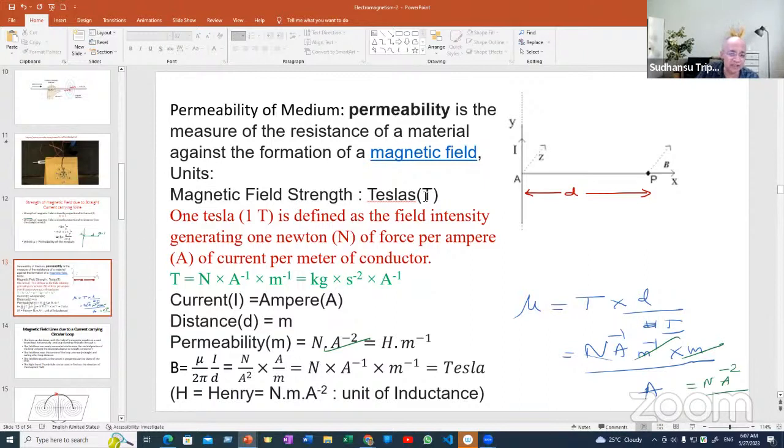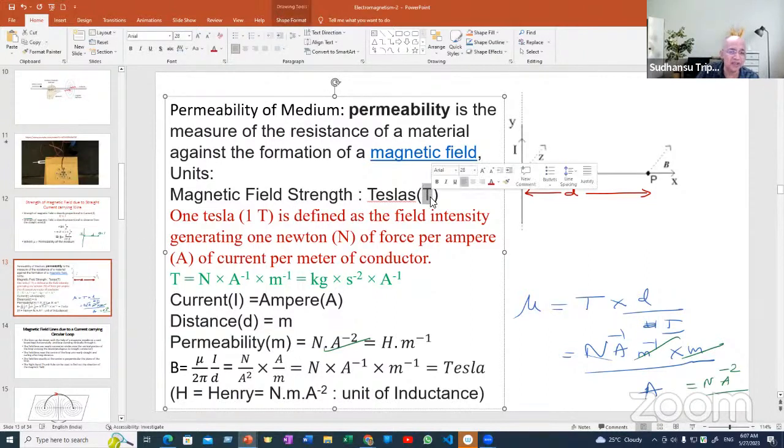And the definition of Tesla is very interesting, from which you get the unit of Tesla. 1 Tesla is the field intensity which generates 1 Newton force when 1 ampere current passes through a 1 meter conductor.